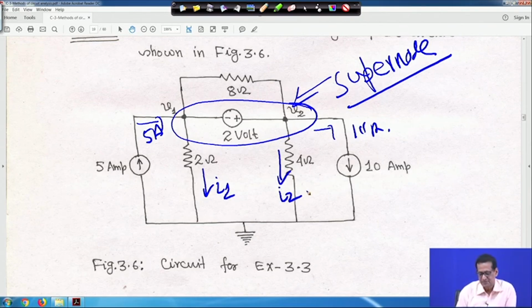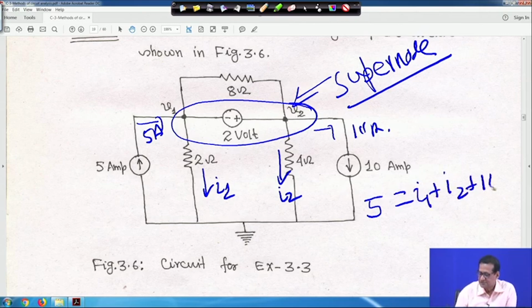If you apply KCL at the supernode, the 5 ampere current is entering, while currents I1, I2 and 10 ampere are all leaving the supernode. So 5 is equal to I1 plus I2 plus 10.